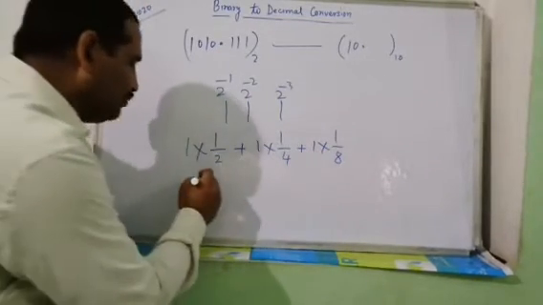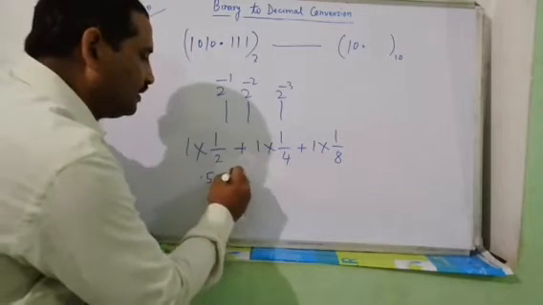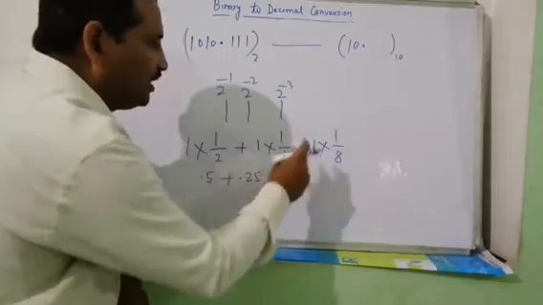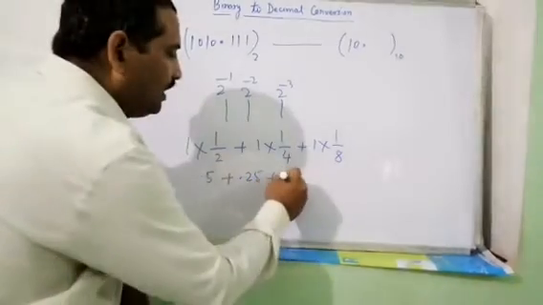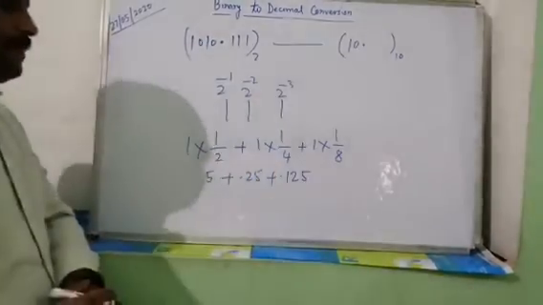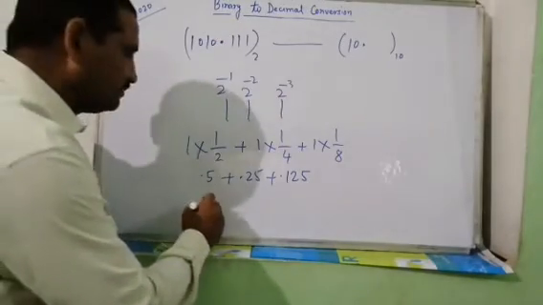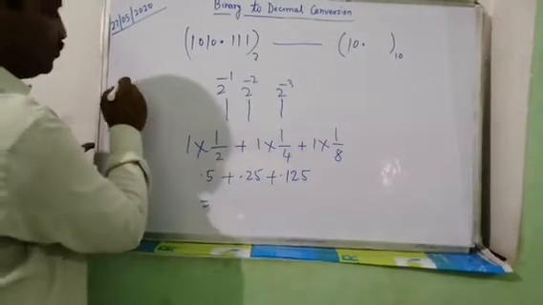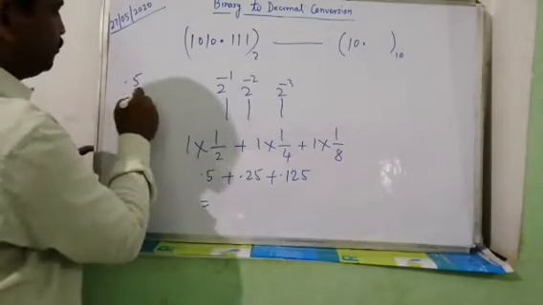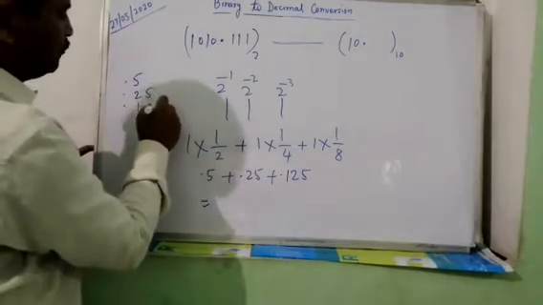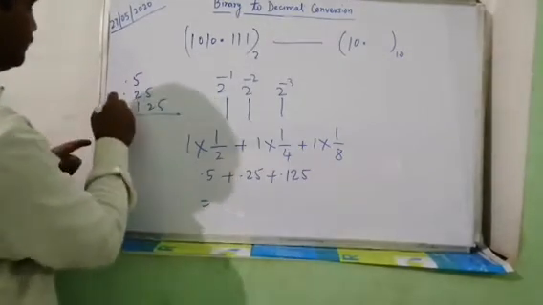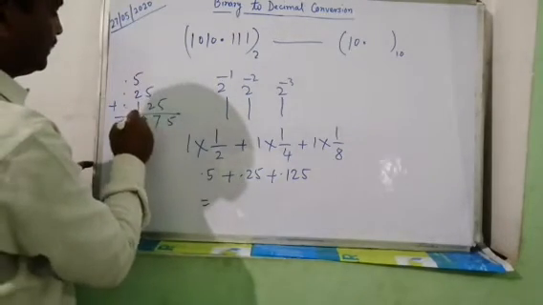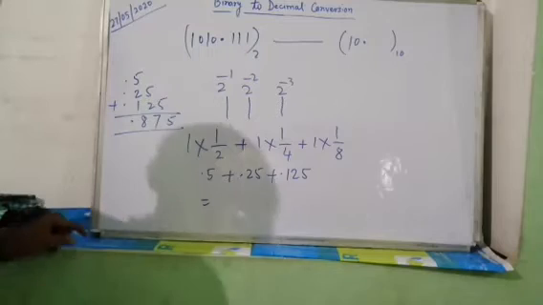So 1 into 1 upon 2 will be 0.5 plus 1 into 1 upon 4 will be 0.25 plus 1 into 1 upon 8 will be 0.125. So we have to add it. 0.5, 0.25, 0.125. Add: 5, 7, 8. 0.875.